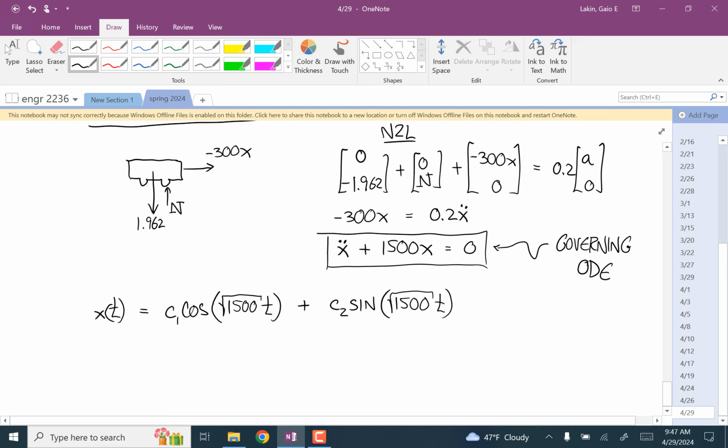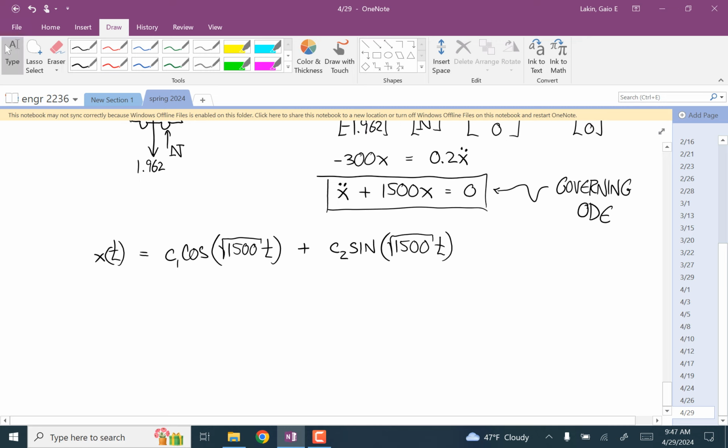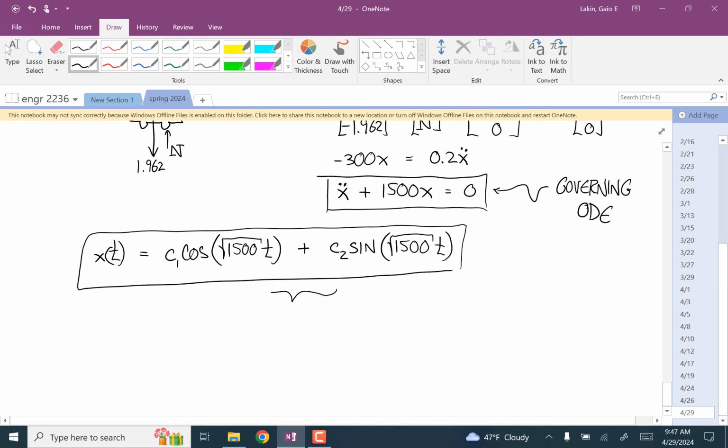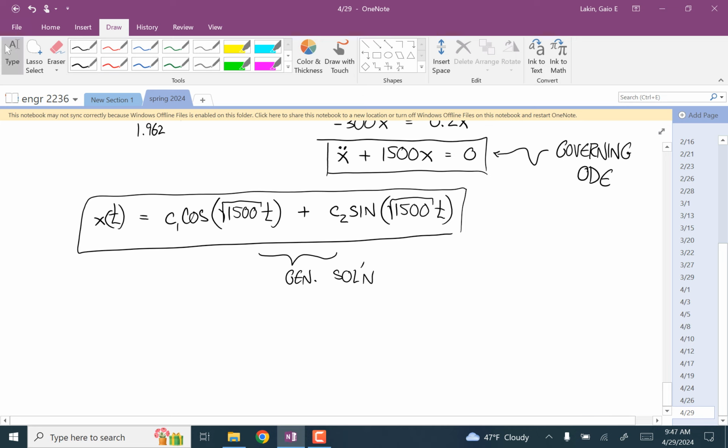And so now what's the frequency of this? We don't have to use the boundary conditions. So this is the general solution. And now we can say that the frequency is equal to 1 over 2 pi times the square root of 1500.